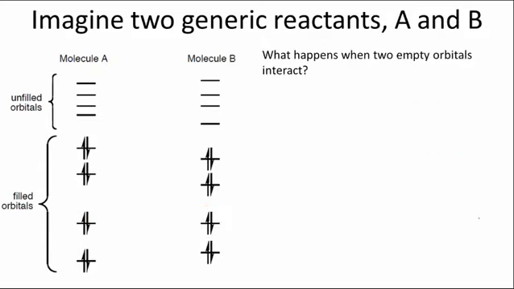We could also ask ourselves, what happens if I have 2 empty orbitals interact? So let's say I pick this orbital here and this orbital over here. What if I have those 2 orbitals interact? Well, I bring the 2 together.